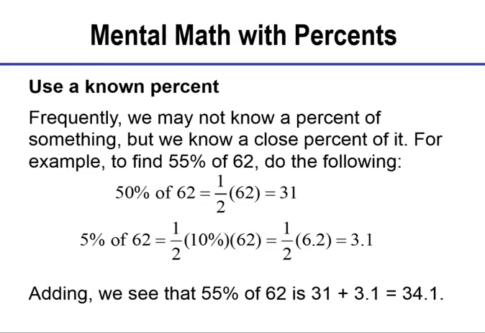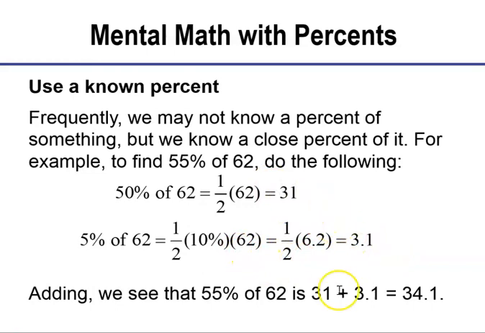For example, to find 55% of 62, this is some interesting advice that you might could use if you were in the store. 50% of 62 is half of 62, which is 31. And then 5% of 62, if you're looking for 55%, is 1/2 of the 10% of 62. Now 10% of 62, you just move the decimal over, is 6.2, and then half of 6.2 is 3.1.